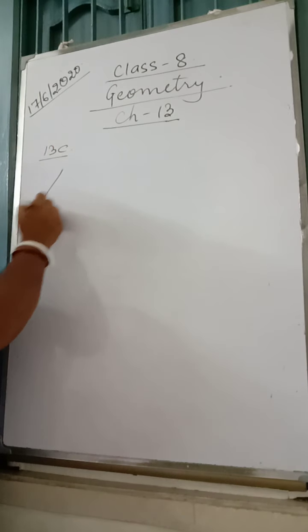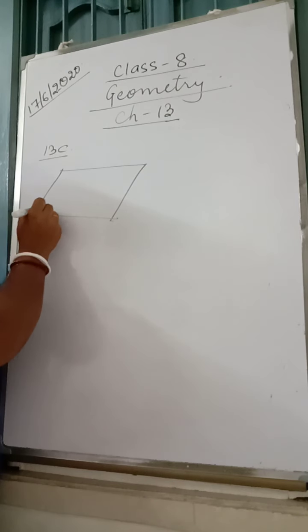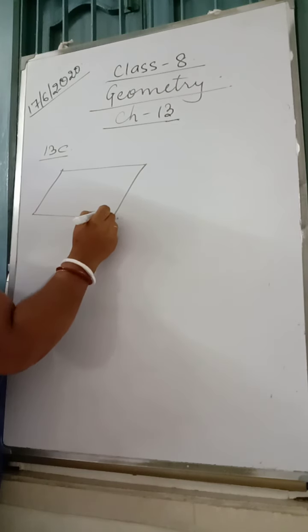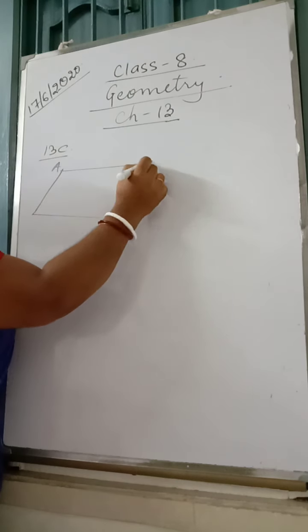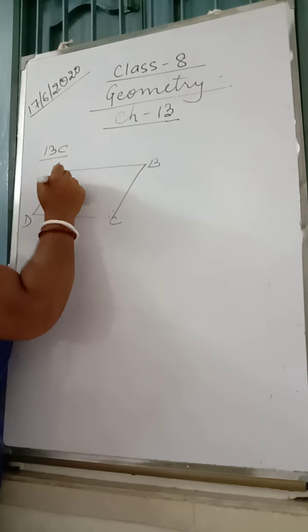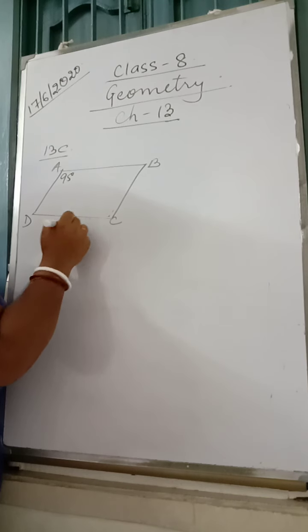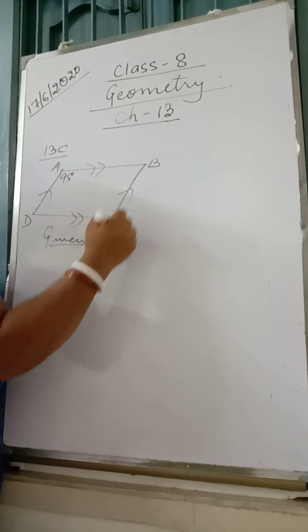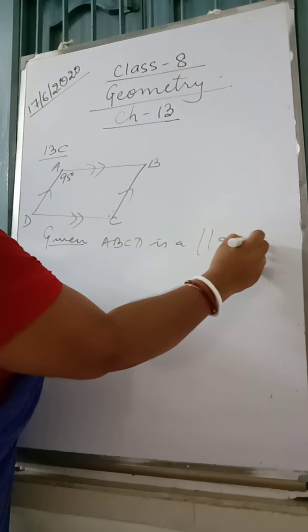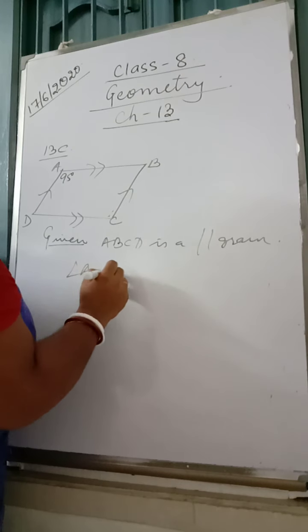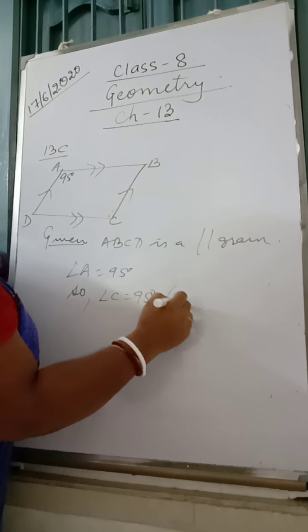If this is a parallelogram ABCD, angle A is 95 degrees, given. So angle C also would be 95 degrees. Opposite angles.